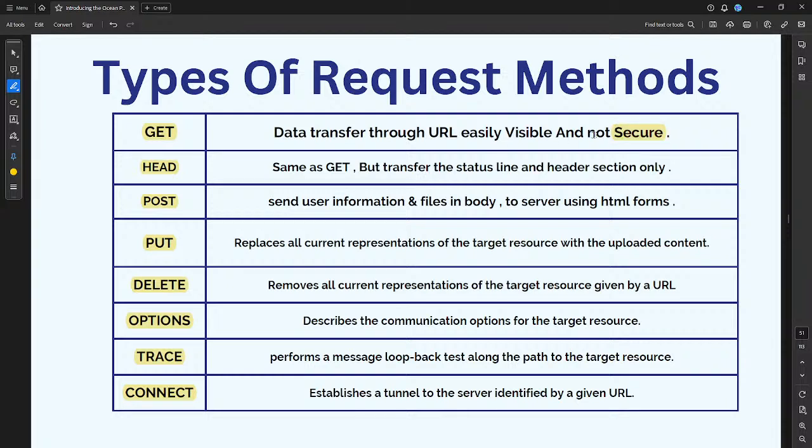But right now, consider this as a not secure request method. Of course, we have the head, which is the same as the get, but transfers the status line and the header section only. We also have the post, which sends user information and files in the body, of course, to what now?